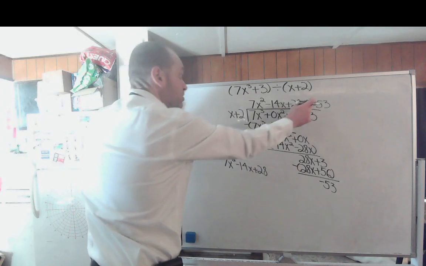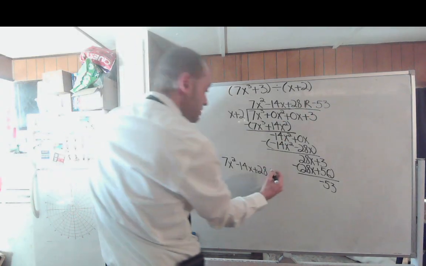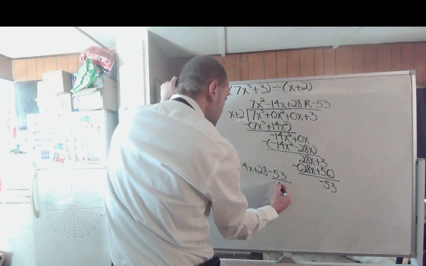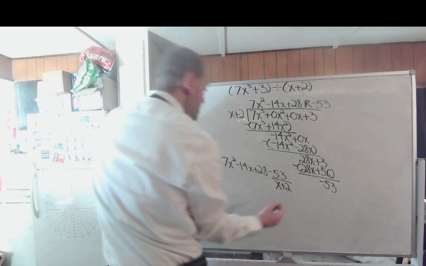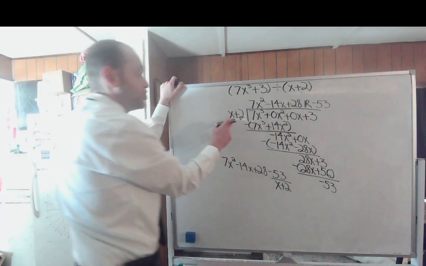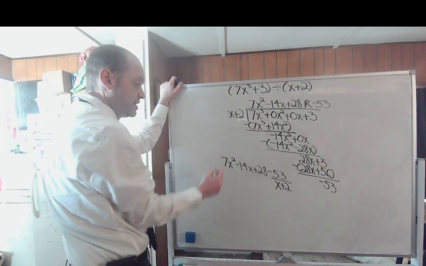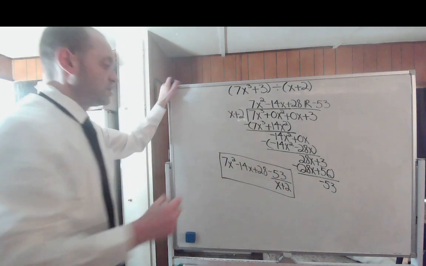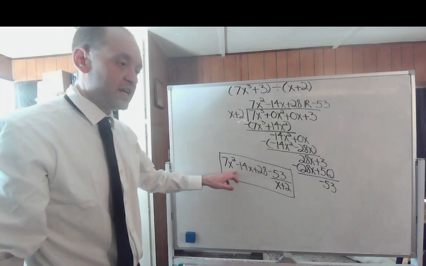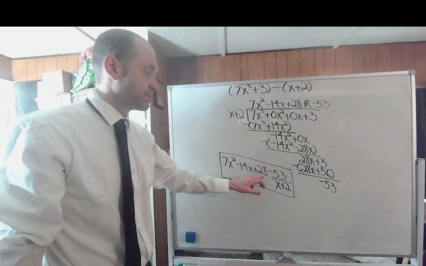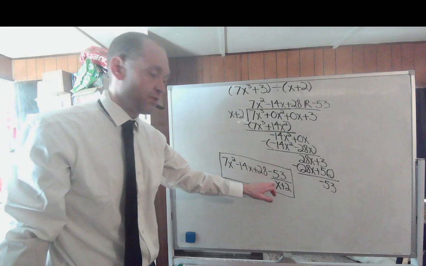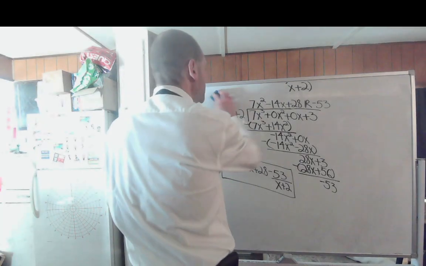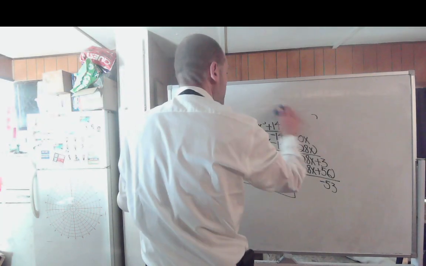Now that remainder of negative 53, that's going to be the same as minus 53 over x plus 2. Because that remainder is always over the divisor. So when you divide these two polynomials, you are left with 7x squared minus 14x plus 28 minus 53 over x plus 2. And one more with polynomial long division, then we'll go on to synthetic division.